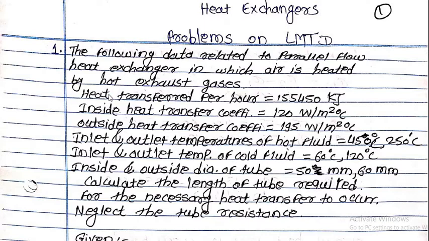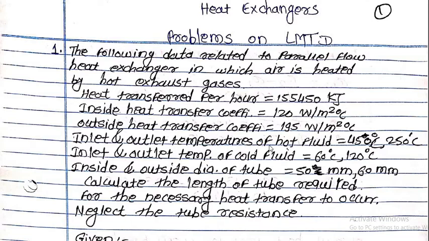by using the LMTD method. Okay, so here the first problem is the following data related to a parallel flow heat exchanger in which air is heated by hot exhaust gases. Heat transfer per hour is equal to 1,55,450 kilojoule. Inside heat transfer coefficient is equal to 120 watt per meter square degree Celsius. Outside heat transfer coefficient is equal to 195 watt per meter square degree Celsius.